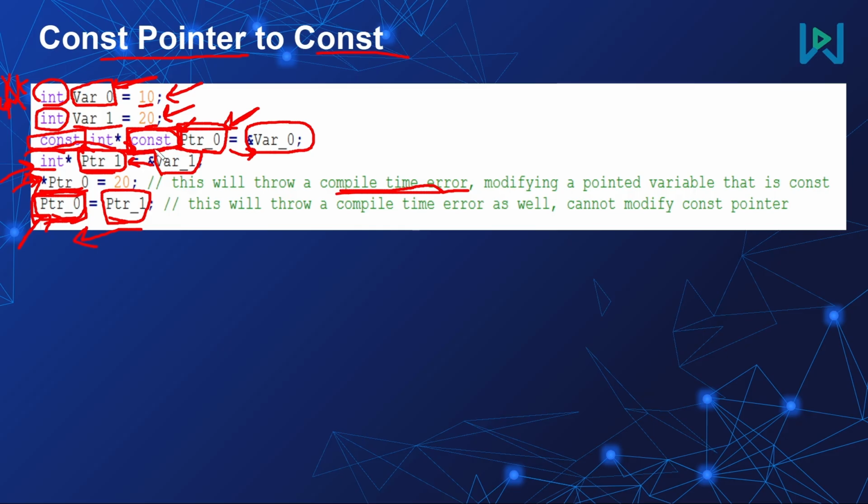However, because my pointer number 0 has this const type qualifier, this operation will not be allowed and the compiler will throw a compile time error.